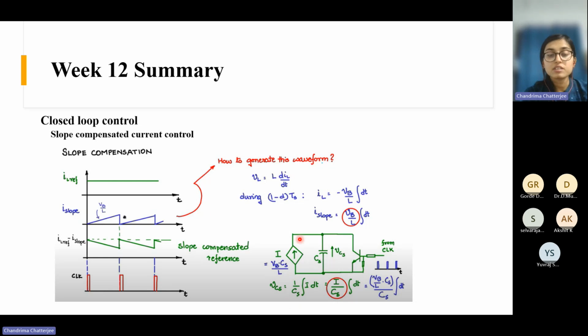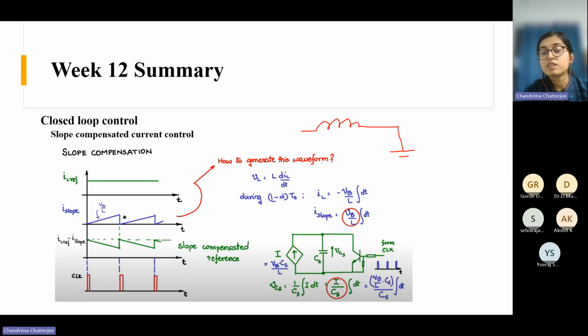So we have shown the implementation of this slope compensated current here. How can you give this kind of reference? Here we have this current source, here the capacitor, and here a switch. The inductor current IL is basically V_B by L dt. If we draw it, here we have the inductor of the buck converter, and suppose we have the battery.